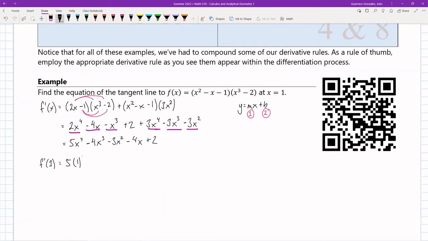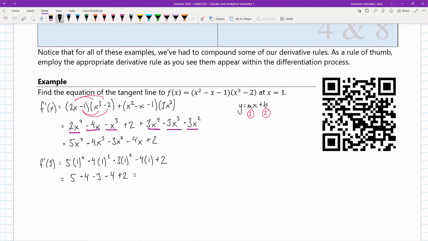5 times 1 to the 4th minus 4 times 1 cubed minus 3 times 1 squared minus 4 times 1 plus 2. Okay. 5 minus 4 minus 3 minus 4 plus 2.